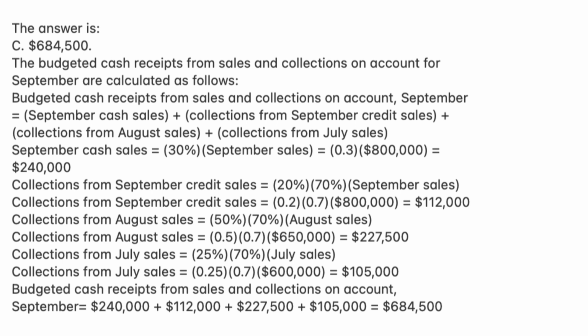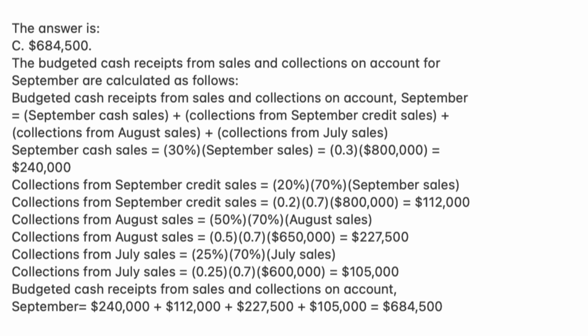$684,500. The budgeted cash receipts from sales and collections on account for September are calculated as follows. Budgeted cash receipts from sales and collections on account, September, equals September cash sales, plus collections from September credit sales, plus collections from August sales, plus collections from July sales.